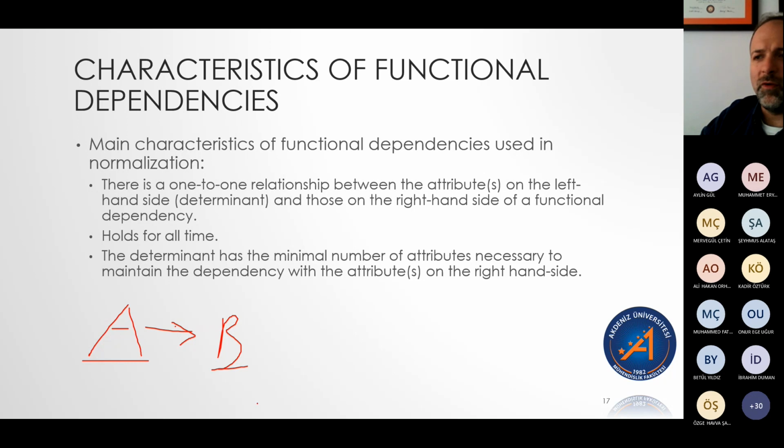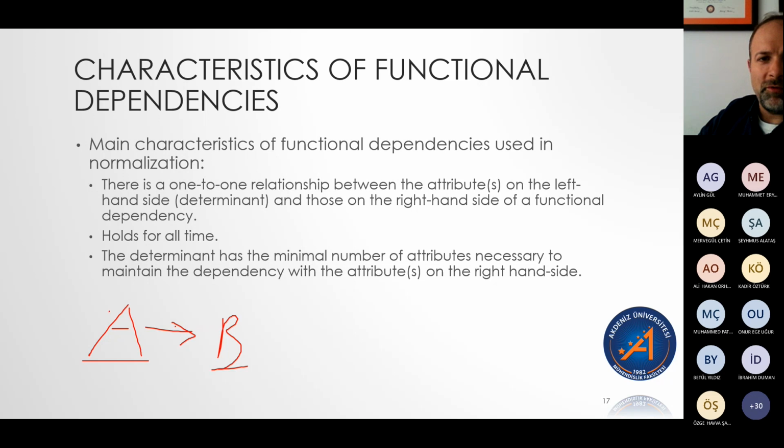The example from before, where SL21, the staff number, determines the position manager. There's only one value for SL21 for position. SL21 doesn't have multiple positions. They're a manager, period. The other way doesn't always work.